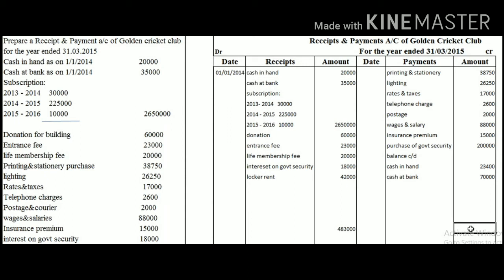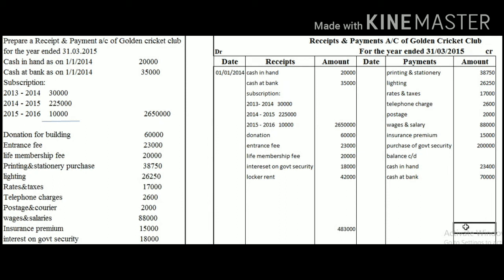And in the credit side column the total is 38,750, 26,250, 17,000, 2,600, 2,000, 88,000, 15,000, 2,00,000, 23,400 and 70,000.